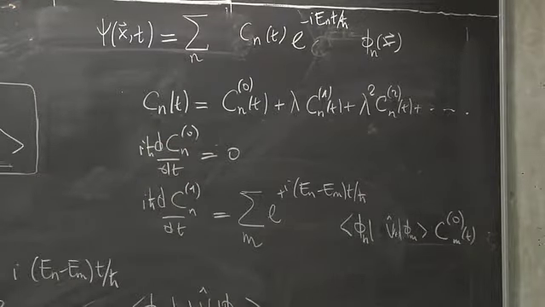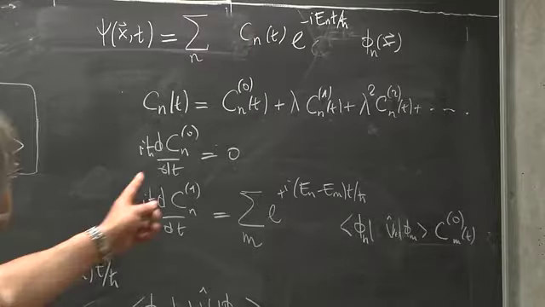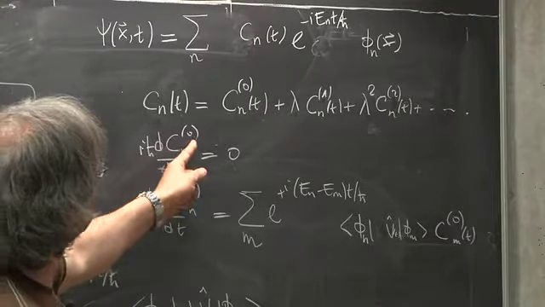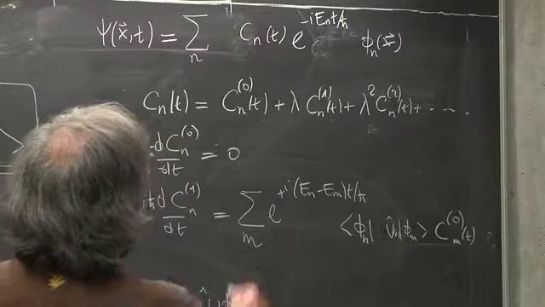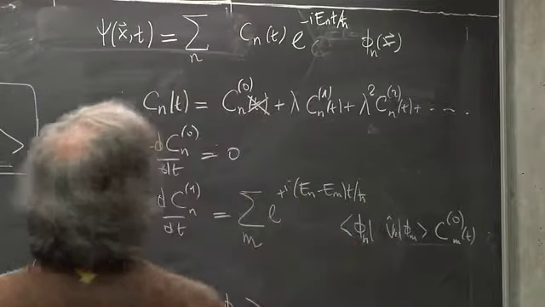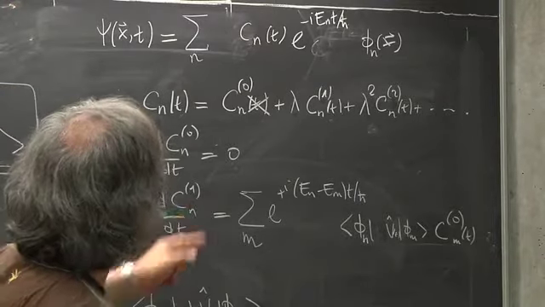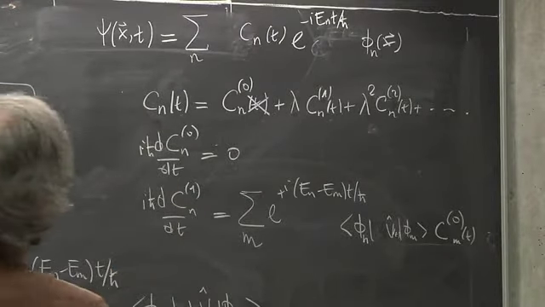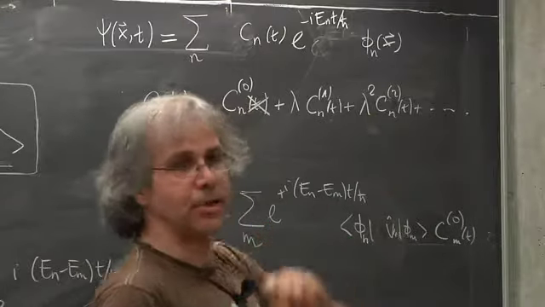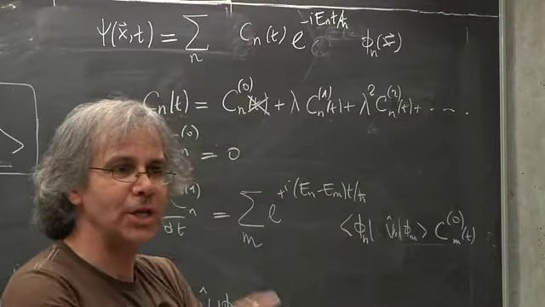So you see, the first one is simple. Indeed, it tells me just that Cn of 0 does not depend on time. The second tells me that the C1 derivatives are related to the C0, the one I just determined.